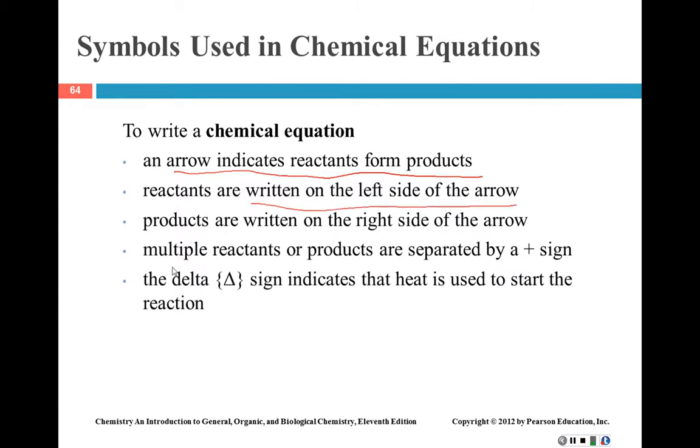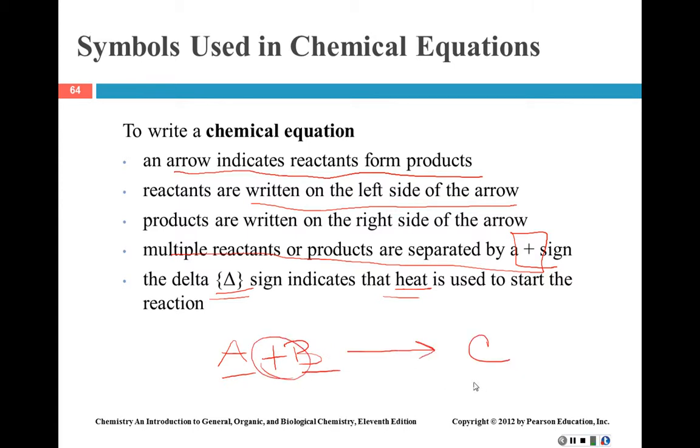Multiple reactants or products are separated by a plus sign, and the delta indicates heat. So I've got two reactants with a plus in between, an arrow, and then a product. And if I've heated it up, you'll see me put a delta sign over that arrow a lot of times.